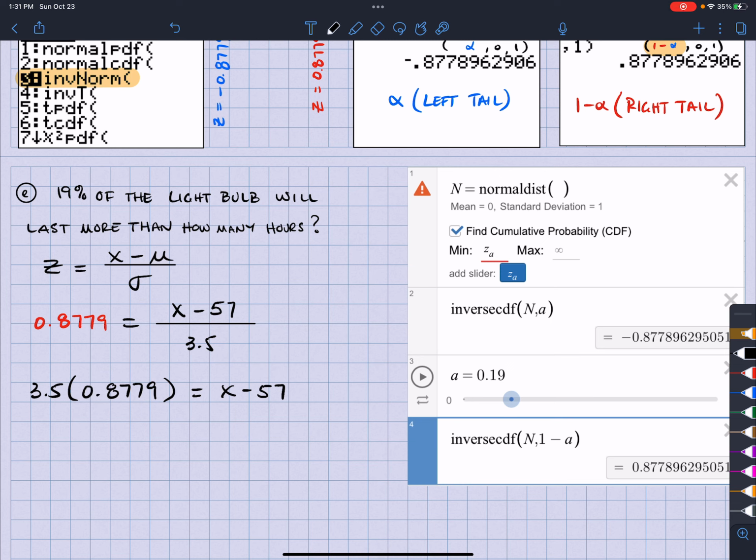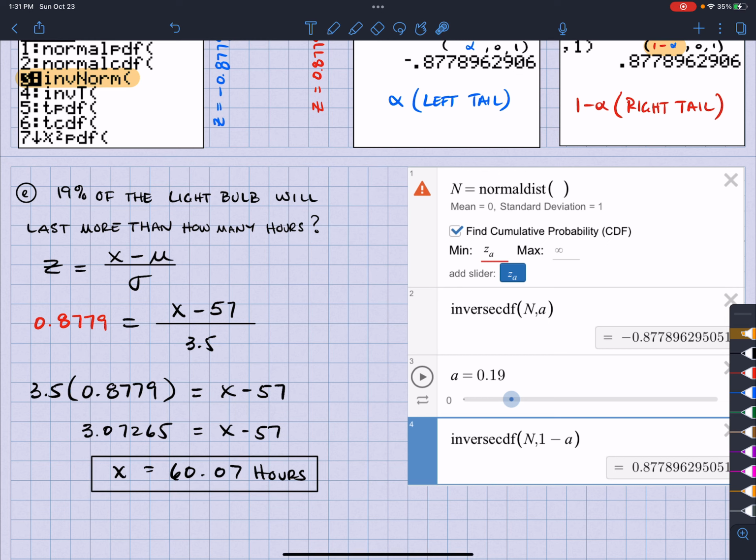Let's see what that equals. 3.5 times 0.8779 is 3.07265, which equals x minus 57. Now I've got to add 57, so x is going to equal 60.07 hours.